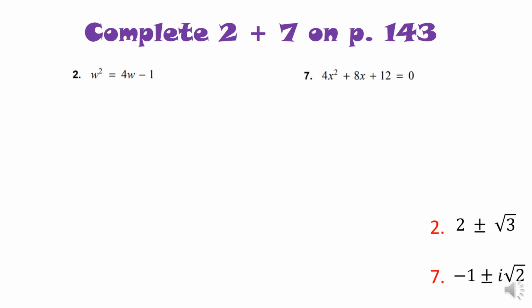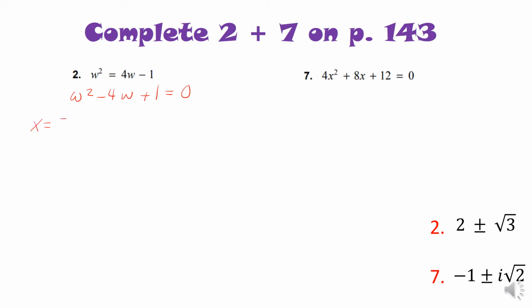So the first thing you want to do on number 2 is get it into standard form. It is my practice to always move everything to the square, so that's what I do. If you do it the other way, you're going to get a negative, so I just avoid it. Okay, so I'm going to use the quadratic formula.